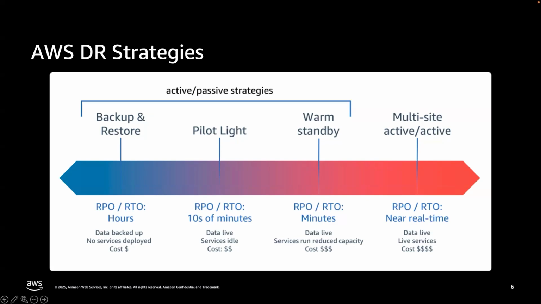The next option would be, well, if I don't have time to wait for my application servers or my containers to start up for tens of minutes, then I may look at the warm standby strategy where I have that data, but I also have my application or services running in a reduced capacity.